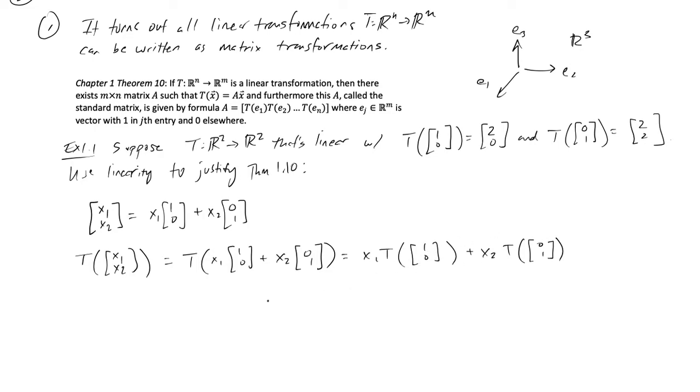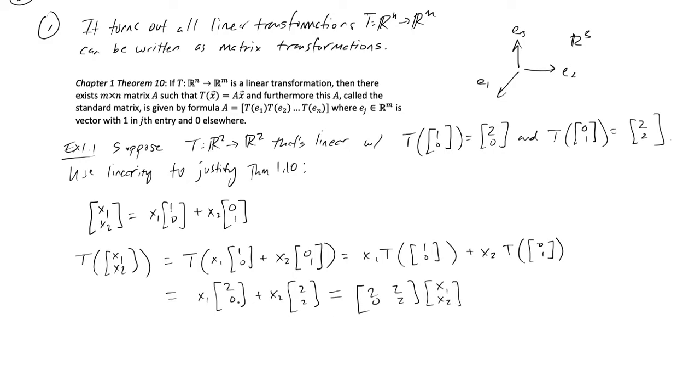All right, we know what the transformation does to these two vectors. It turns the first vector into (2, 0), and it turns the second vector into (2, 2). And what's interesting about this is a vector equation that can be written as the matrix with columns (2, 0) and (2, 2) times (x1, x2).